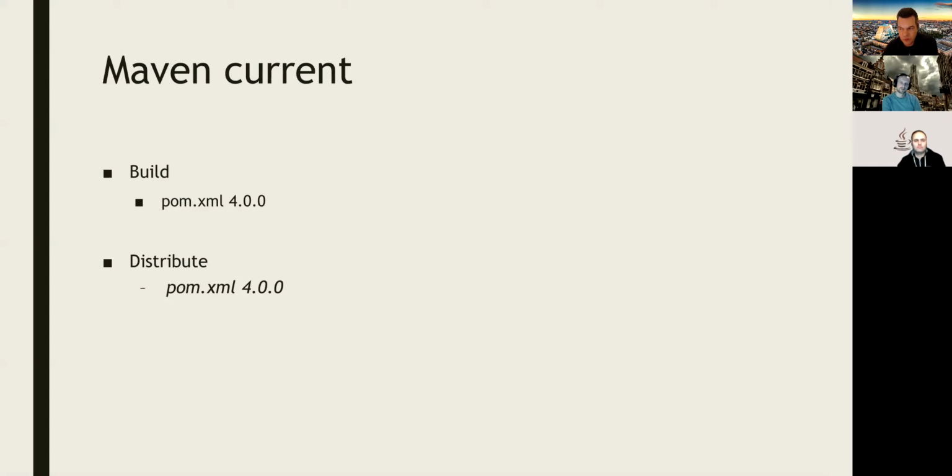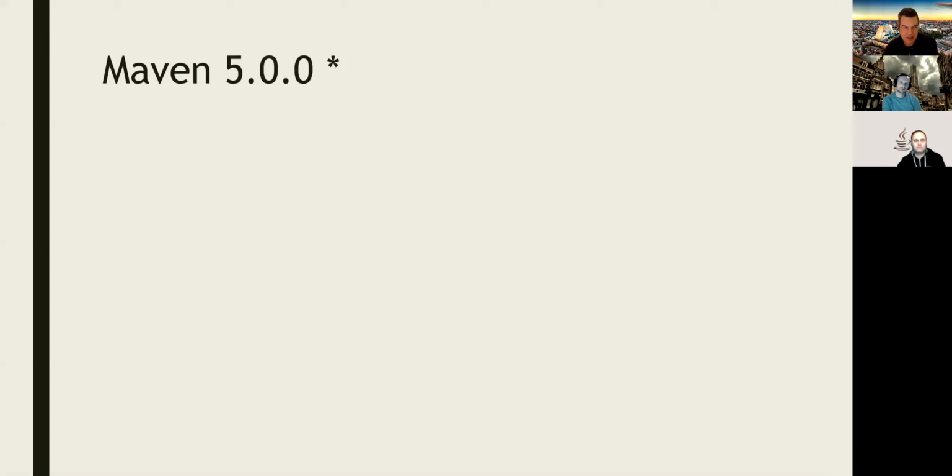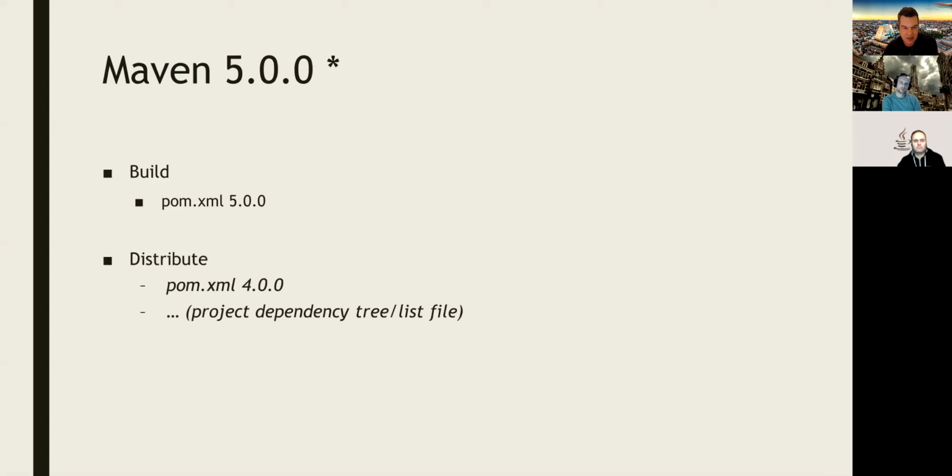If we want to work with Maven 5, and that is probably the version where we will introduce this 5.0.0 model, what we want is we will build it locally with the model 5, but then we will distribute a 4.0 version of the POM file, so other tools can understand it again. And maybe we can also provide some new files.